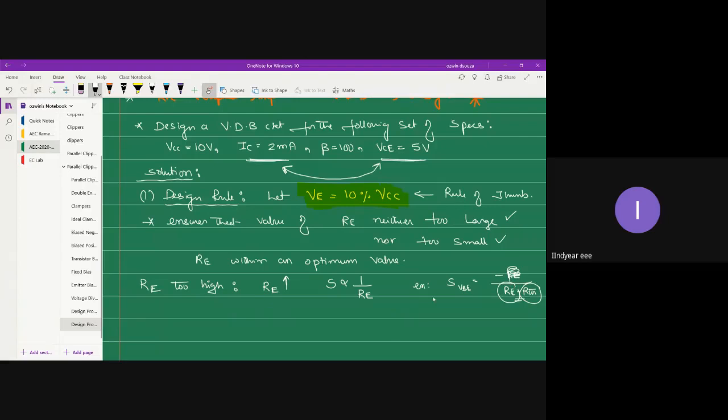So greater the value of RE, lesser will be the stability factor. If you get a smaller stability factor, you can say that better stability. Why does a smaller S factor give better stability? Because lesser the variations in the Q point, better will be the stability.